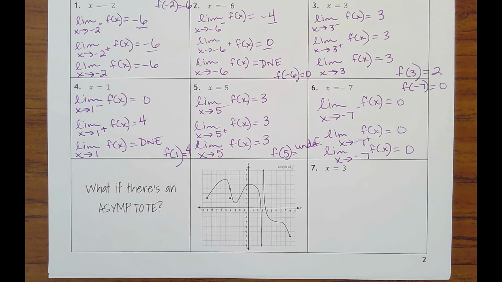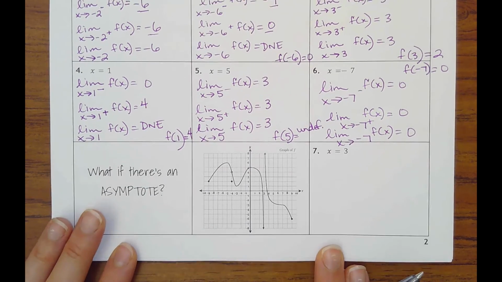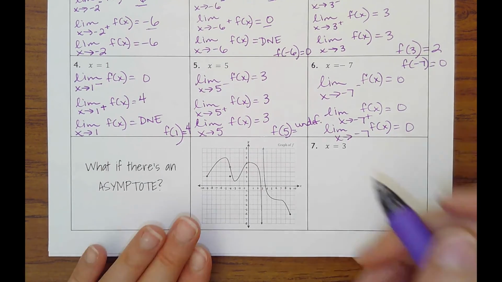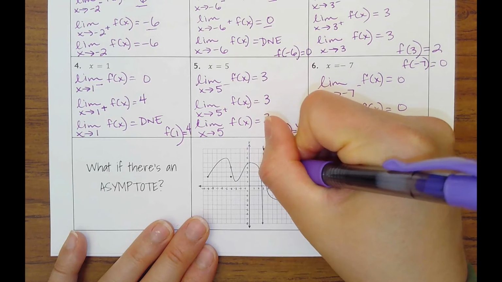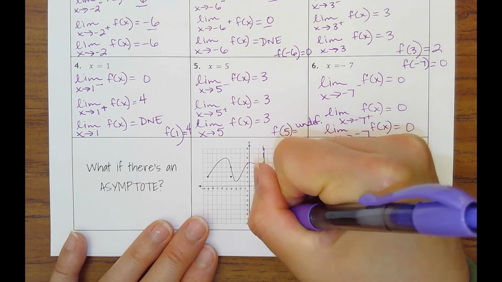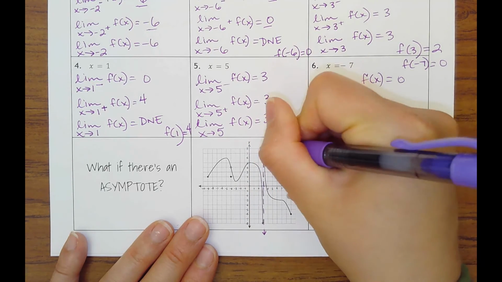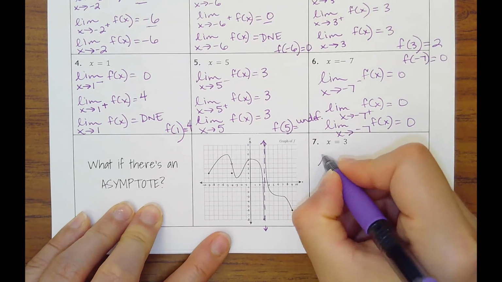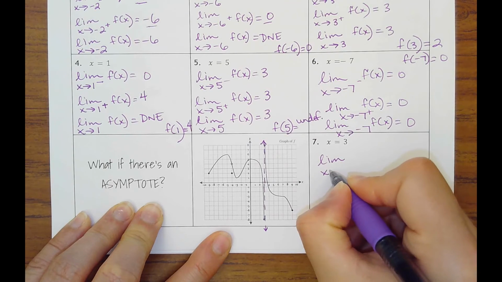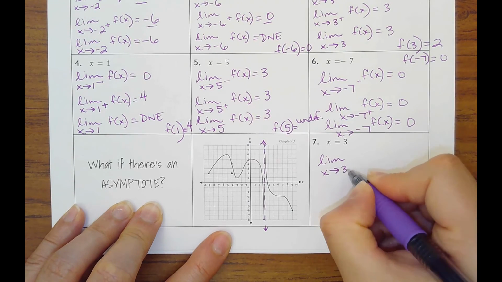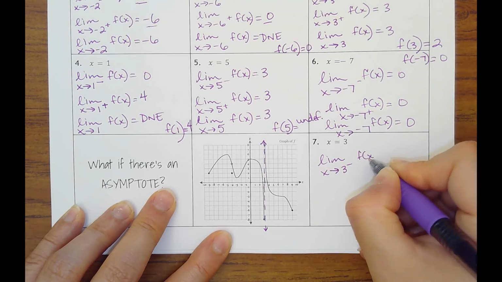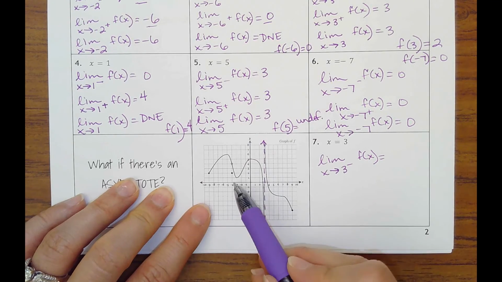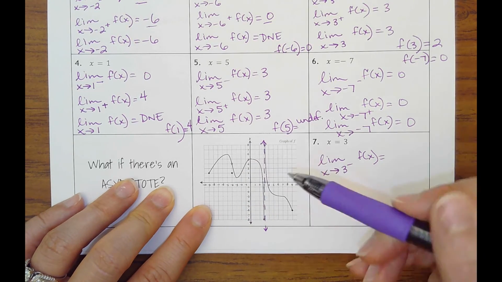All right, and then the last thing that can happen is what if there's an asymptote? So we got a new graph here. Asymptotes, remember, are some kind of vertical or horizontal, or it could be a slant which is a diagonal line, where a function is never going to touch. So at x equals 3, if I want to find the limit as x approaches 3 from the left of f of x, I would come from this way and follow it.